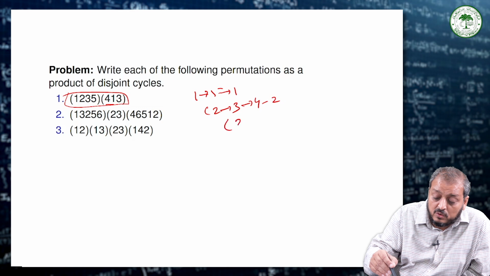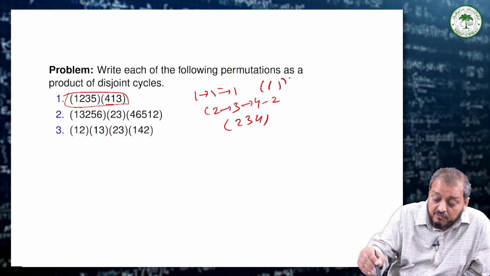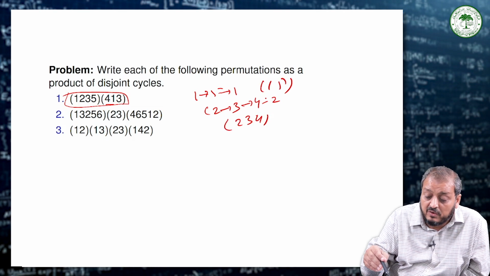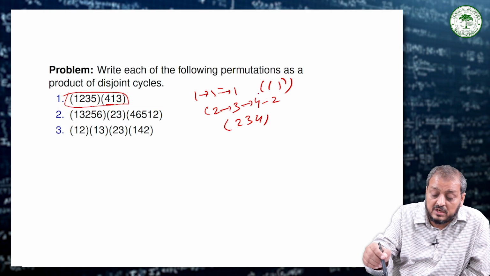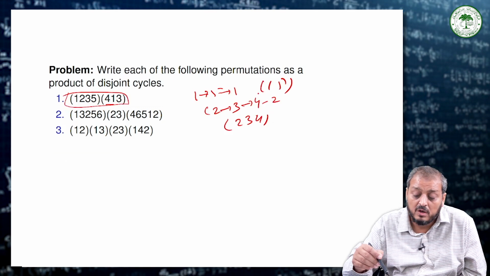So, this is equal to 2 3 4 and you have 1 5. So, we just say that 1 5 and 2 3 4.